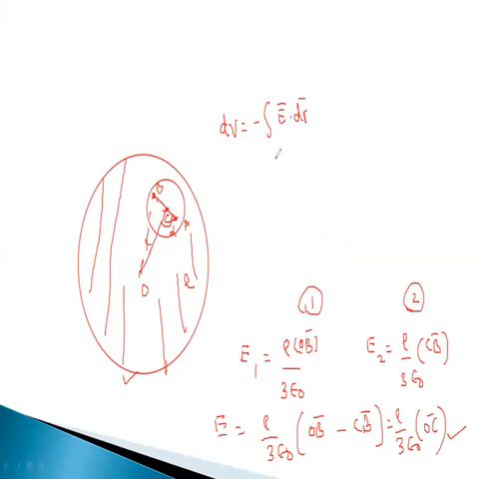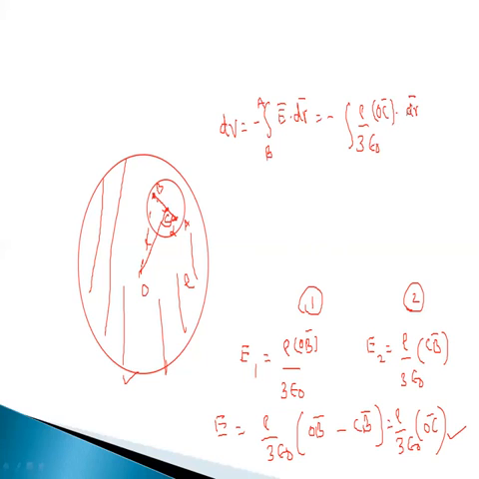From A to B or B to A, whatever. So this is equal to minus integral of E bar, which is given as rho by 3 epsilon naught into OC bar, dot dr bar. Dr bar means the distance from A to B.